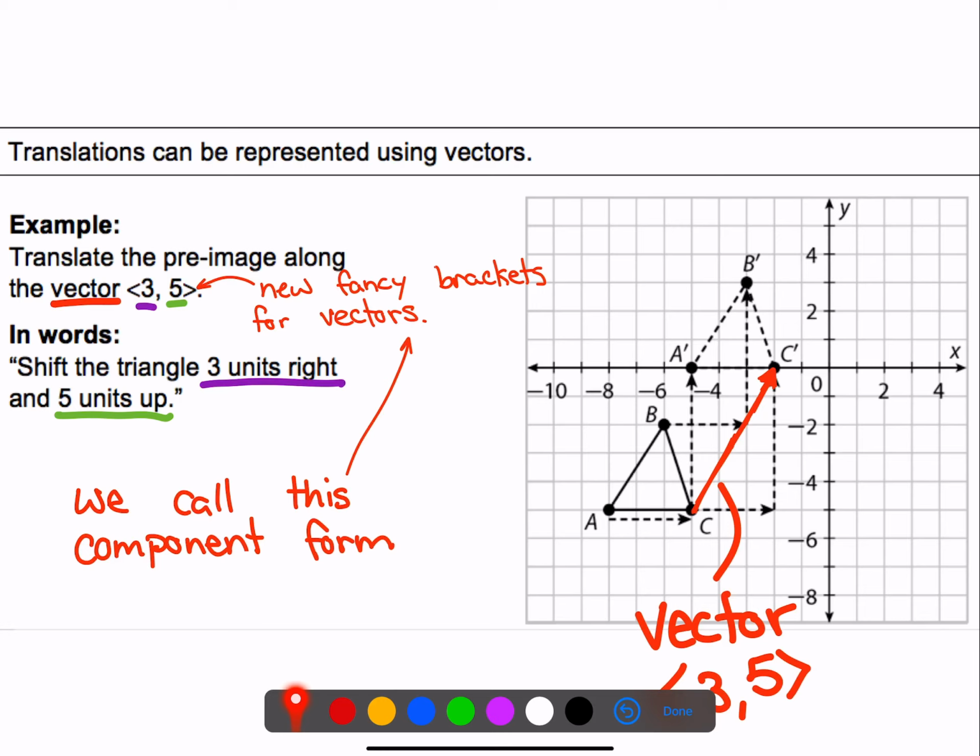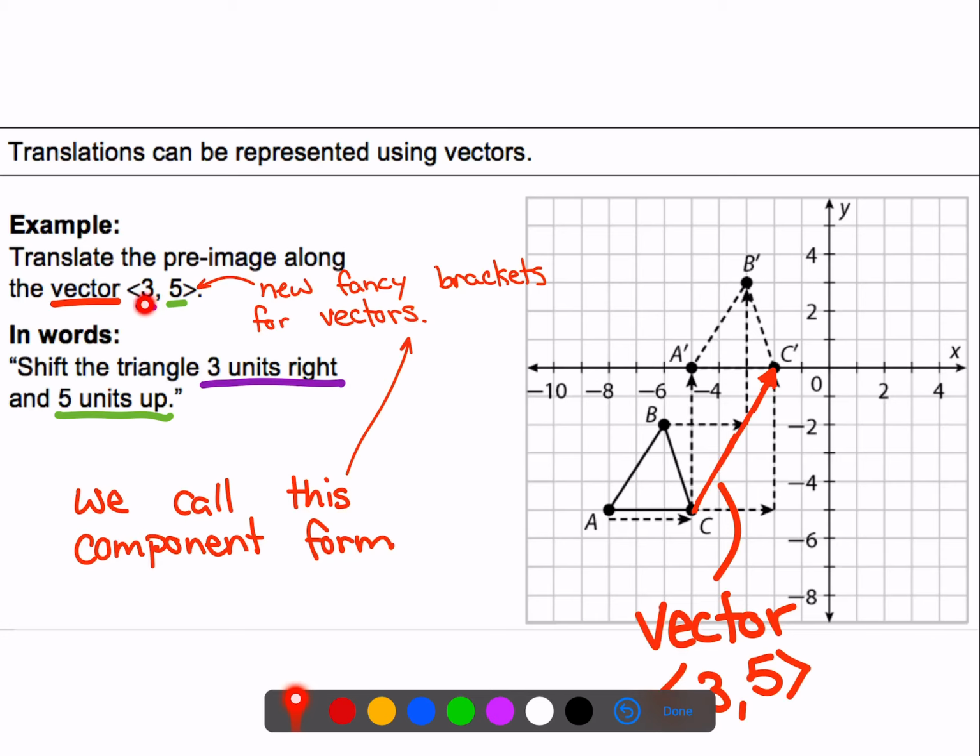So translations can be represented using vectors. For instance, we have this component form right here, ⟨3, 5⟩, and again, those have those fancy brackets on either end, the pointy brackets. That's how we know that it is a component form vector. So what this is telling me is that I need to move my x value 3 units, and since it's positive, it's going to go right.